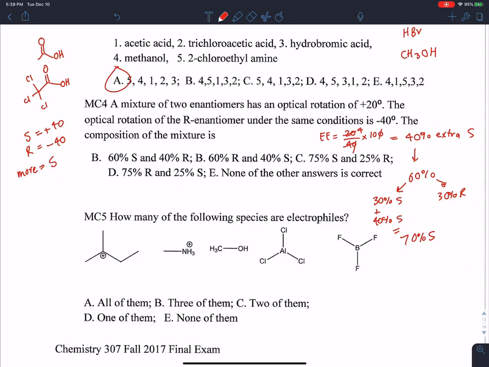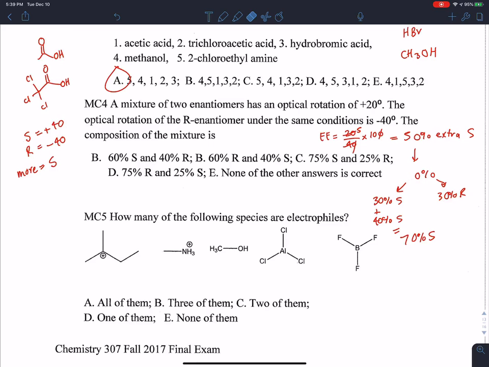Wow, that's not an option. 30, did I miss anything? Oh, it's 4 times 5 is 20. What the hell's wrong with me? Okay, it's 5. This should be 50.